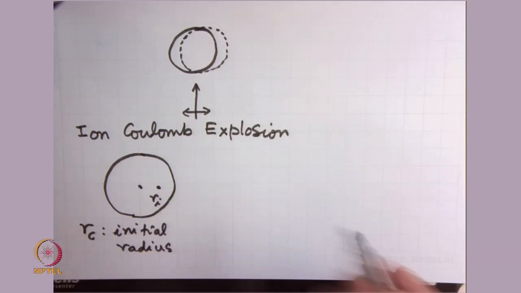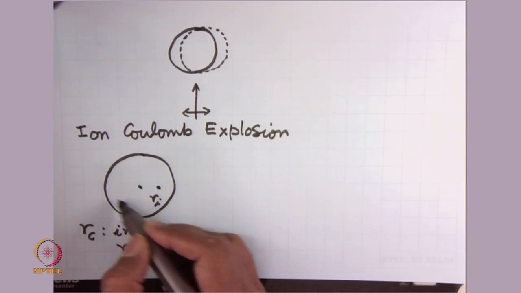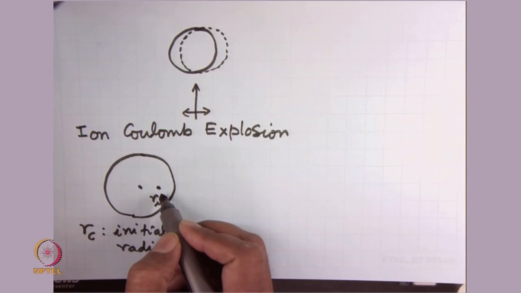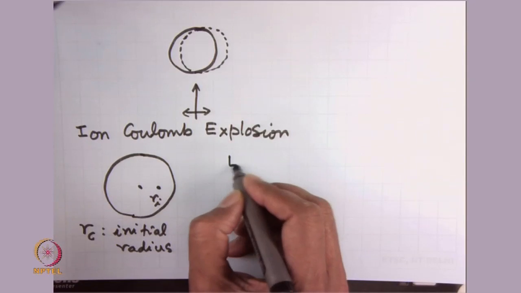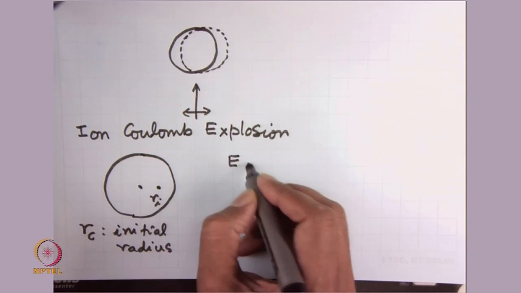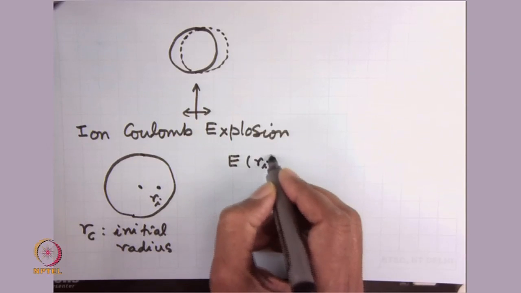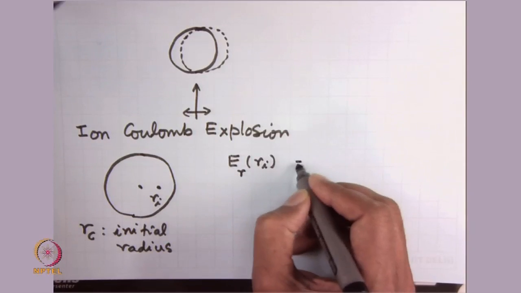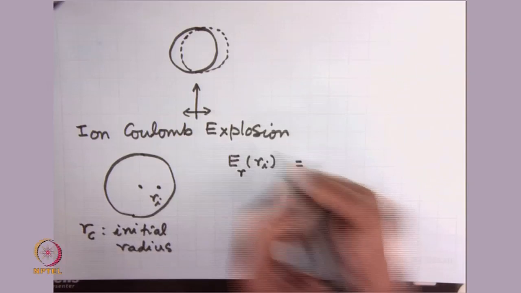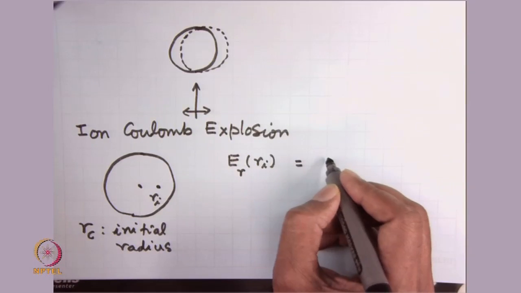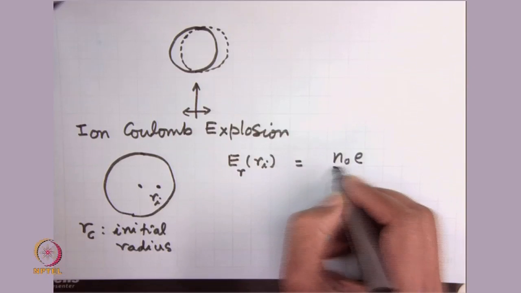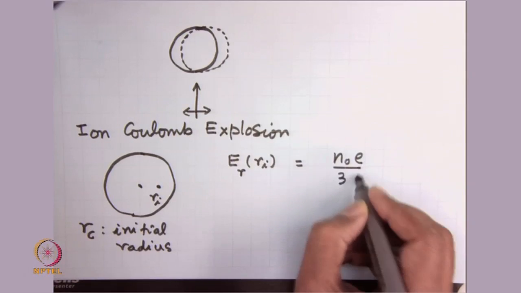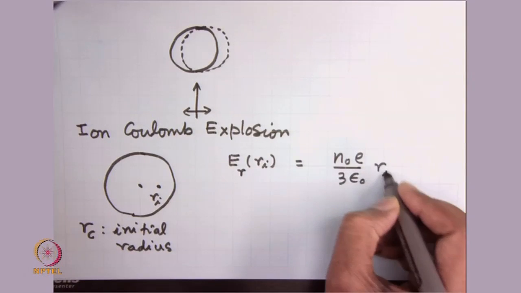Now, I just calculated that if this is a fully ionized sphere of charge density n0 e, then the electric field at position Ri, which will be in the radial direction, is equal to n0 e upon 3 epsilon 0 into Ri.